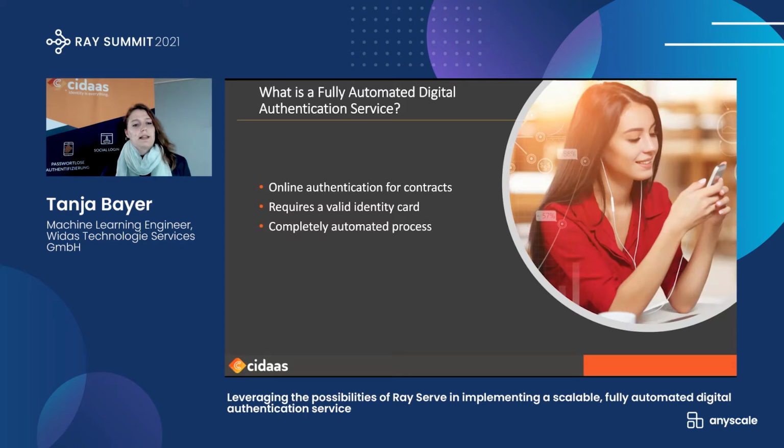Right now, something like that happens by making a call with a customer service member where you need to enable your camera and present your identity card to this person, and the person validates your identity card. Our system is different, however, because it doesn't require another person on the other end of the video recording. Everything is done automatically and processed by machine learning and computer vision algorithms.